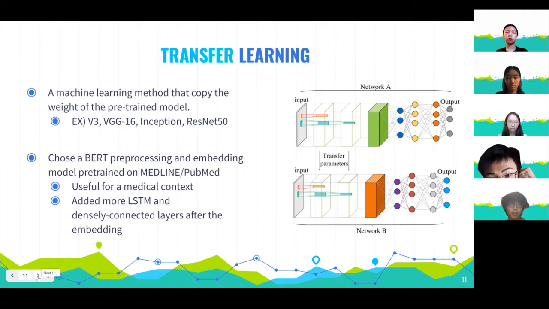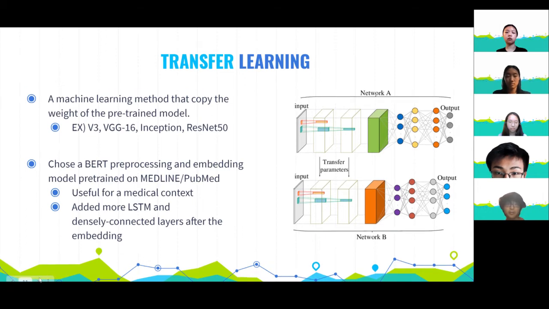So we chose a BERT preprocessing and embedding model pre-trained on PubMed articles. This would have it be more familiar with the medical context and have it be able to classify words that are more obscure or pertain to more medical ideas. And this would be added on to the LSTM layers that we discussed and some more densely connected layers before returning the final result.